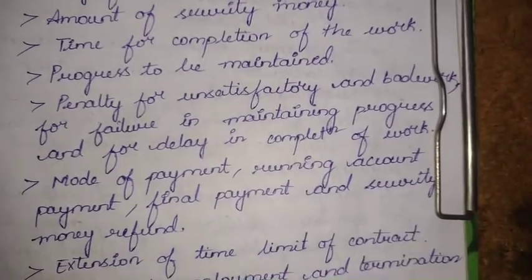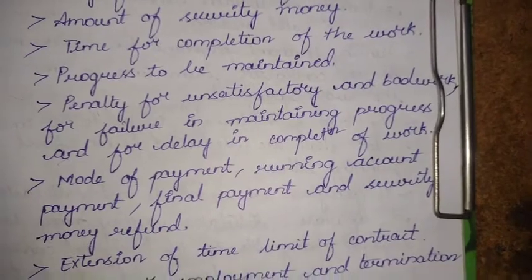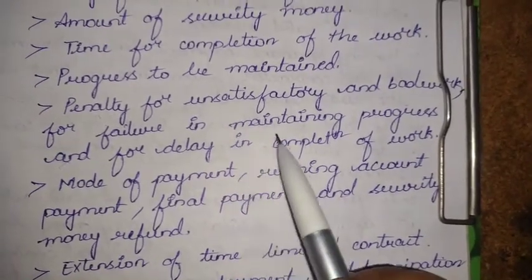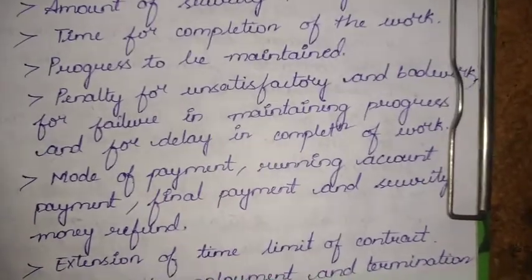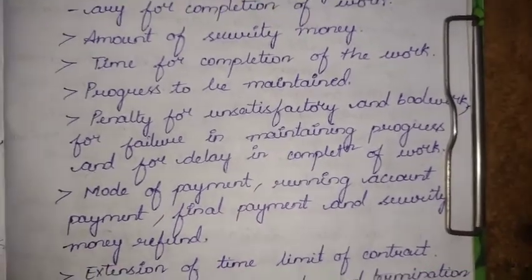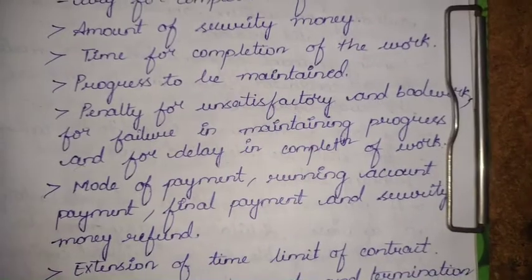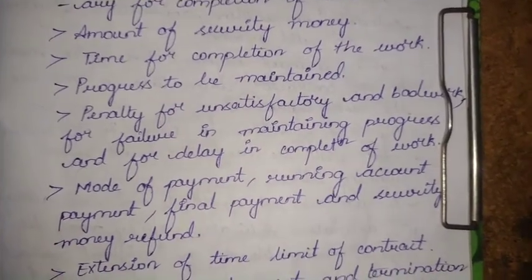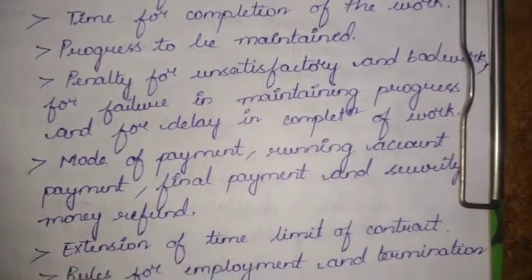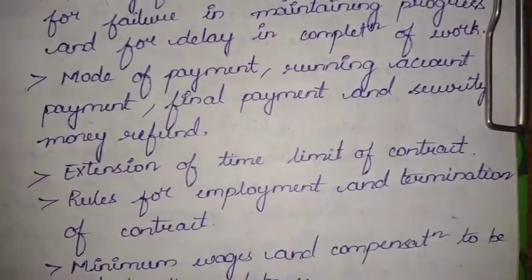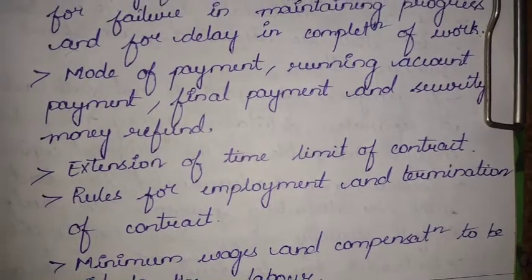First of all, the penalty should be levied for not maintaining progress, that is, no development of work has been done. And second, even if the work has been done with unsatisfactory or bad work, then that is also not accepted. Mode of payment: running account payment, final payment and security money refund.